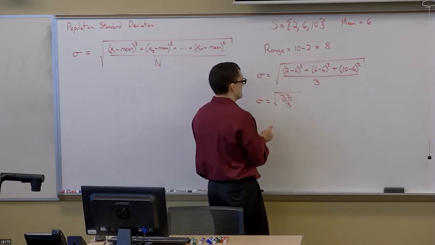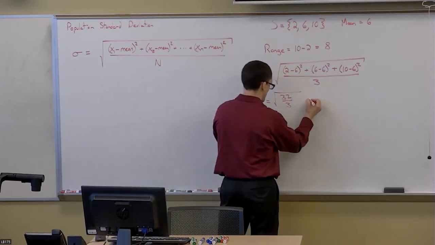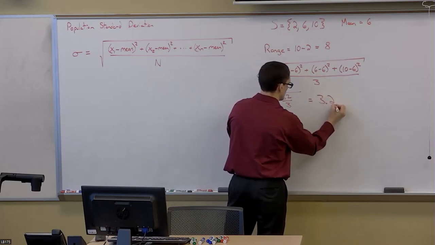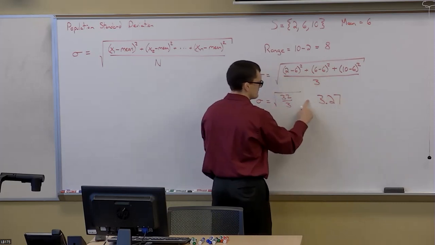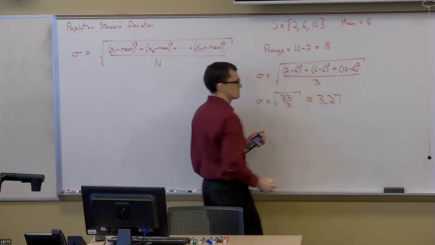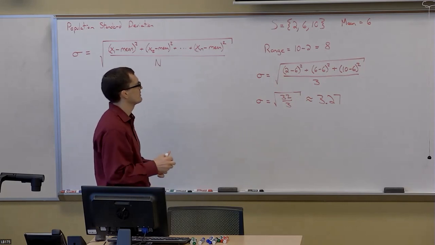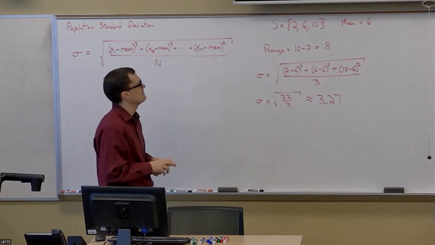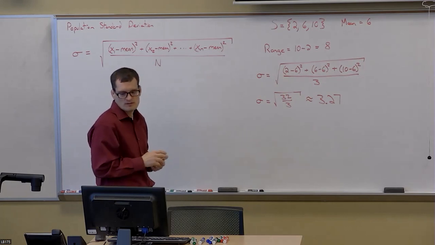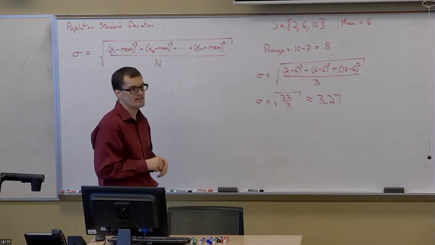When I type square root of 32 divided by 3 into my calculator, I end up with about 3.27, roughly. So there you go. That's the range of that set, and then the standard deviation of that set.